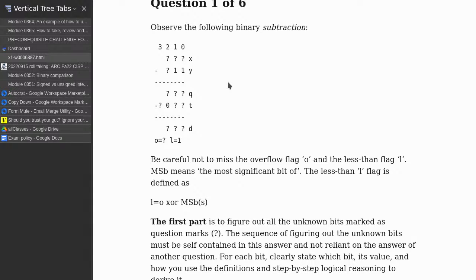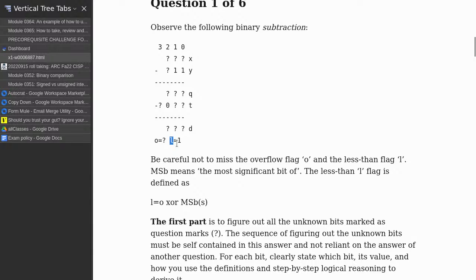So let me just point out some of the more important points. This is O. I choose to use a lowercase o in this case, just so that it doesn't look like a 0. And this is L, and just because O is lowercase, I also choose to use L as a lowercase. In hindsight, that was a bad decision because L looks like a 1 now. I should have used the uppercase L, but the lowercase O, or say overflow, spell it out.